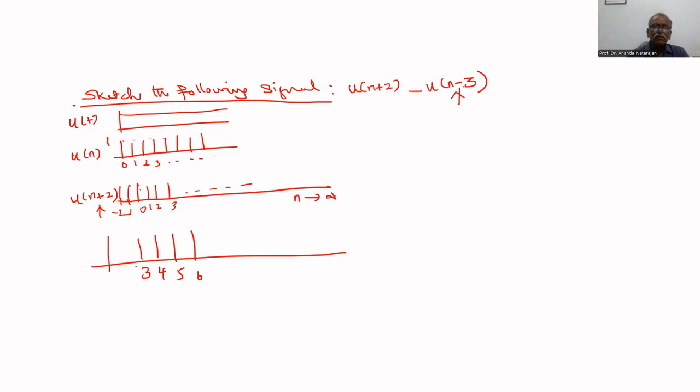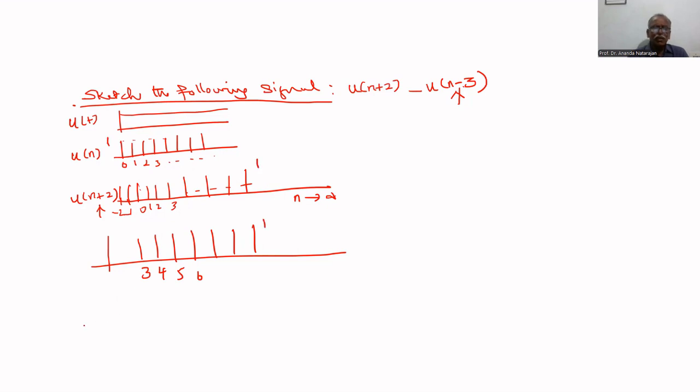Here it starts at 3. So from 3 onwards, both signals go up to infinity. Its magnitude is here 1, here also 1.